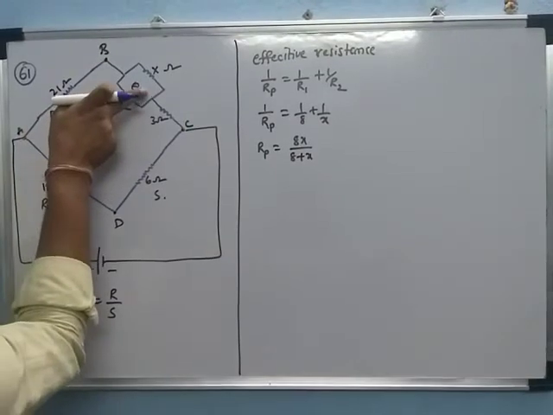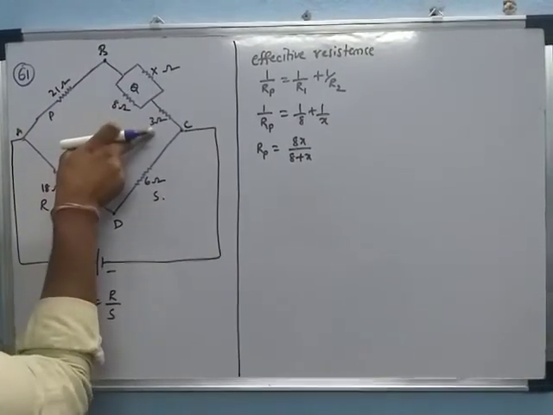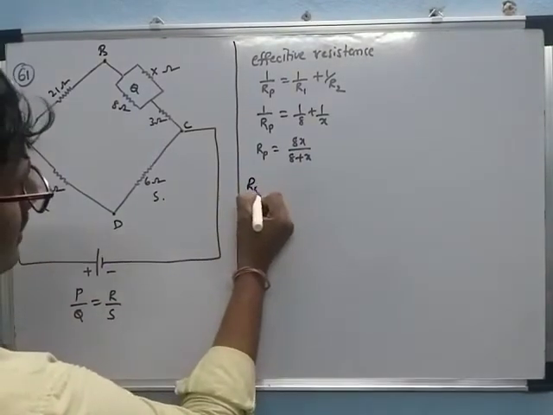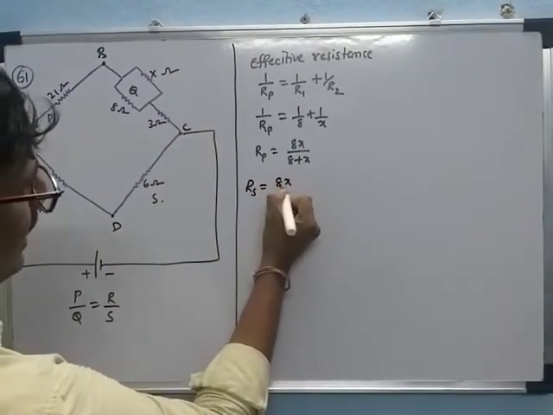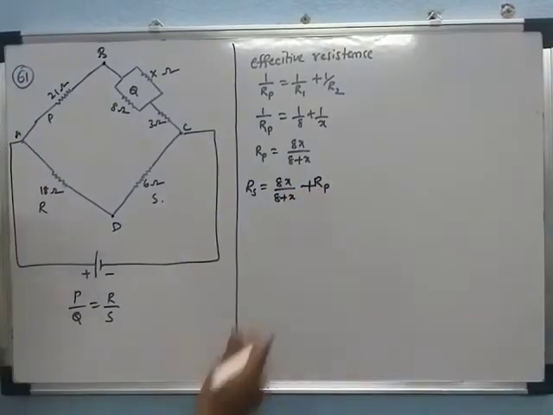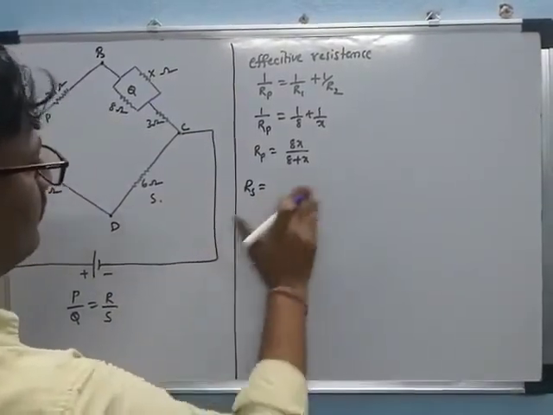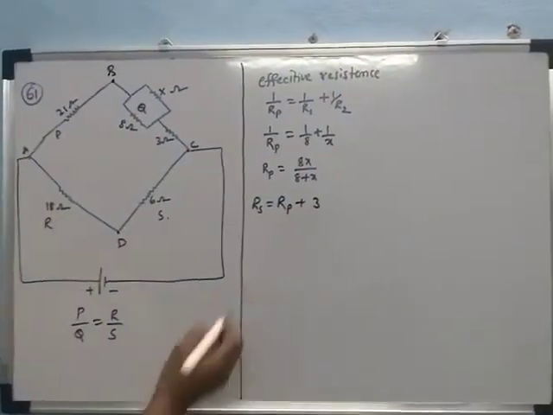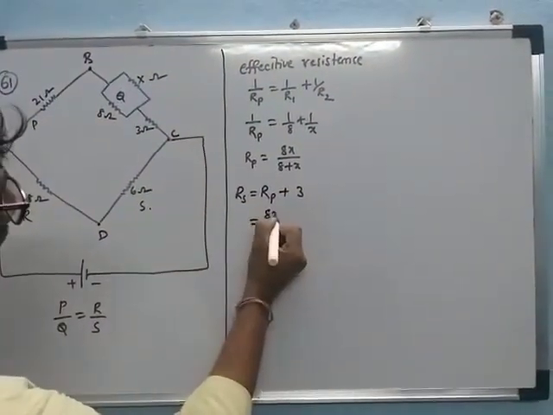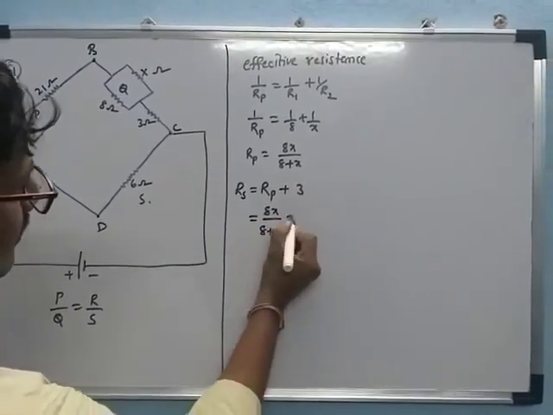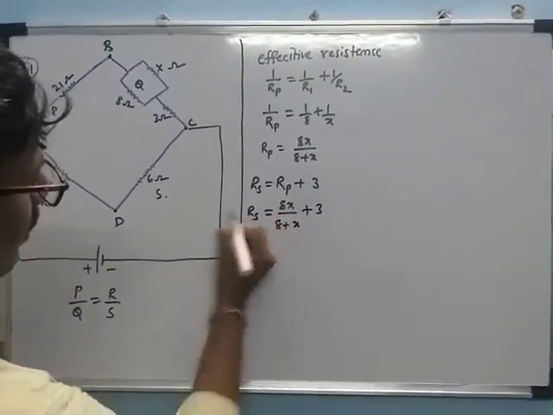Observing this parallel combination, 3 ohms is connected in series. So the effective resistance Rs is equal to Rp plus 3 ohms. Rp is 8x by 8 plus x, plus 3. This is the Rs.